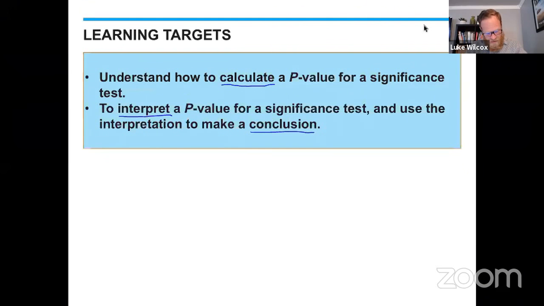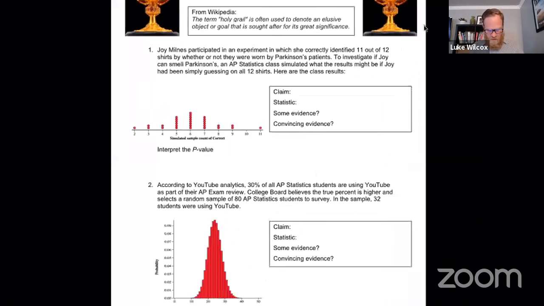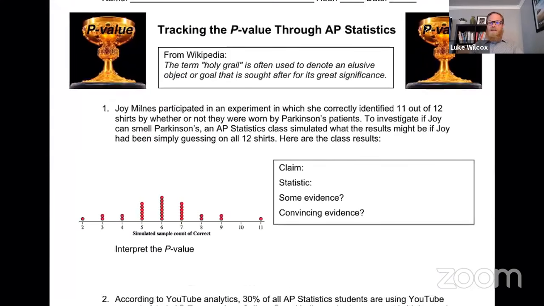So I'm going to say right here that this is the big goal of today's lesson, to be able to interpret a p-value so that we can make a proper conclusion. So let's go ahead and jump into today's activity. I've called the activity tracking the p-value through AP statistics. And the idea is that the p-value, while you learned it formally at the end of your AP statistics class, chances are you had been developing your thinking and understanding and reasoning about the p-value all the way throughout the course.